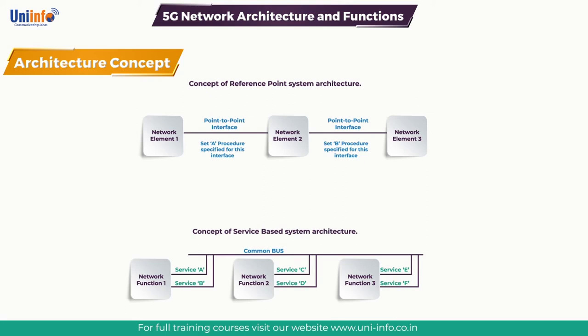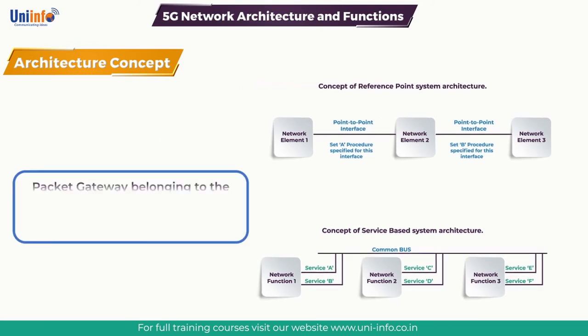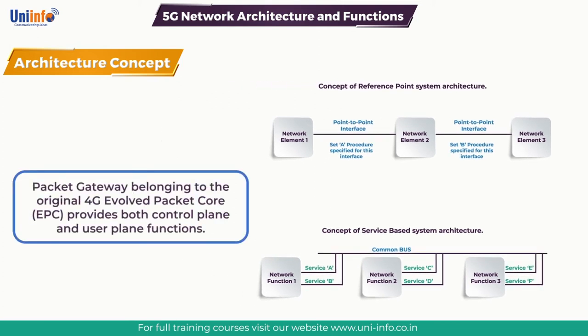An important characteristic of the 5G system architecture is the separation of user plane and control plane functions. This differs from the original 4G system architecture. For example, the packet gateway belonging to the original 4G evolved packet core (EPC) provides both control plane and user plane functions.